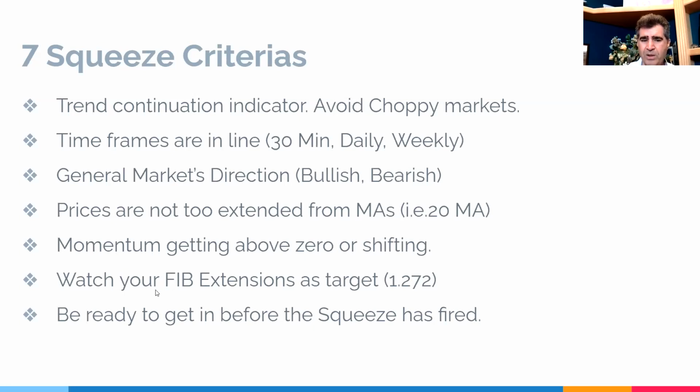I also, if you like Fibonacci, it's good to know that you could use your Fibonacci extension to get at your target price. So with Fibonacci we go 0 to 100%, and as you know, 50 to 61.8 is pretty important. But if you want the extension for a target price, what you could do is look at when the squeeze has started.